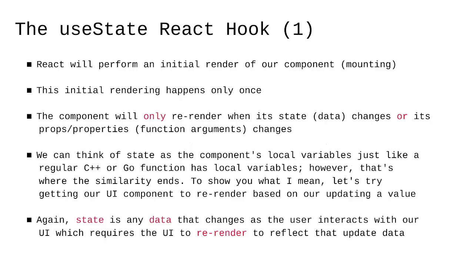All right. That seems to be enough talking for now. Let's look at some code, and I want to show you how just by changing a variable doesn't really change the state. It doesn't re-render our UI.